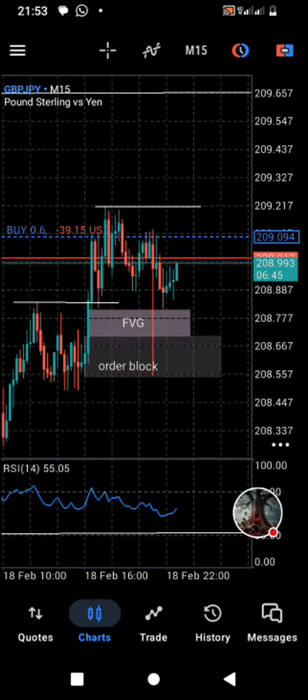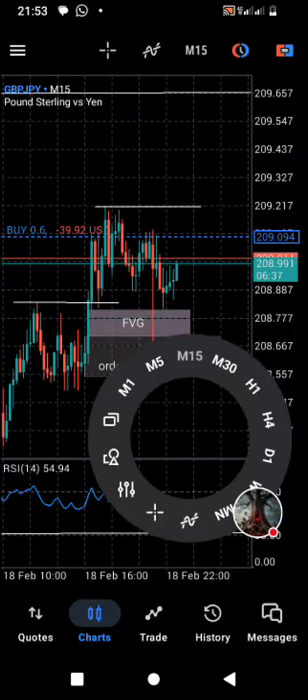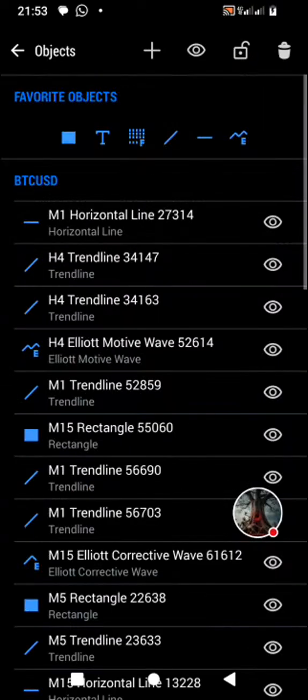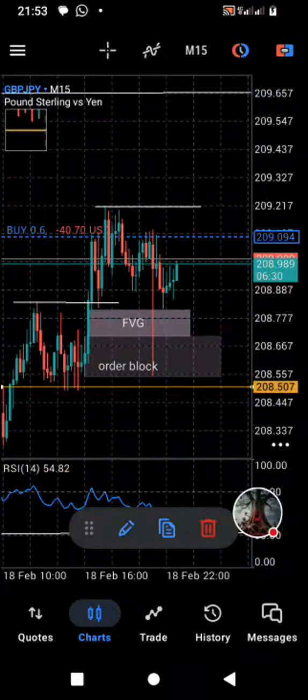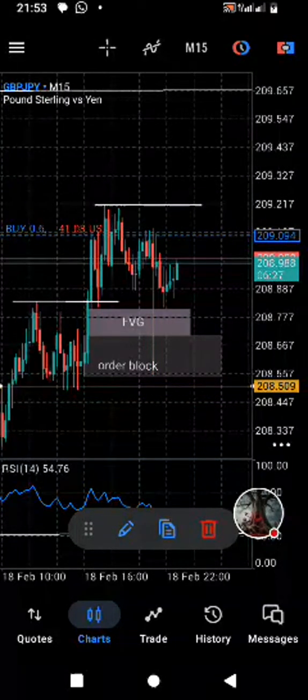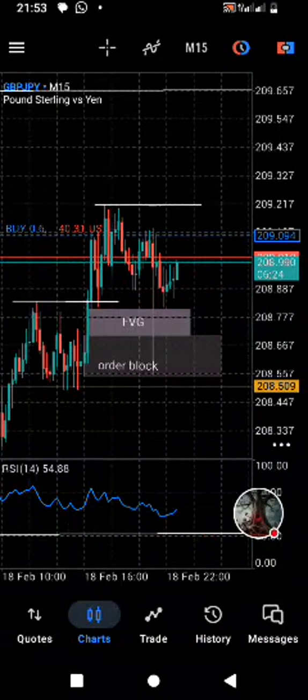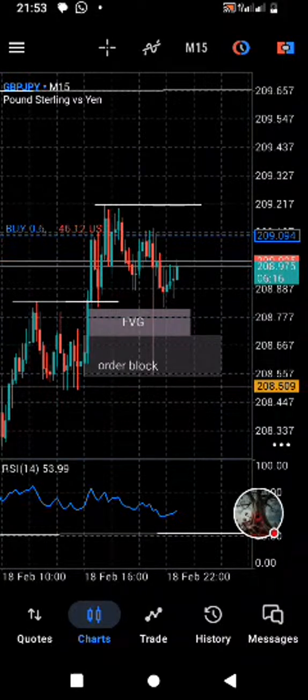So you can take a trade now and put your stop loss just below the longer wick, which is just here. Put your stop loss below the order block. I don't think it will ever come there again, but put your stop loss there.